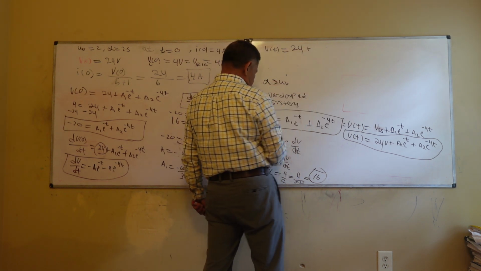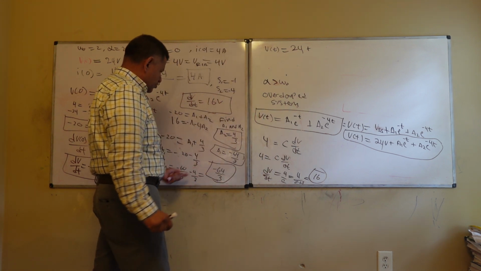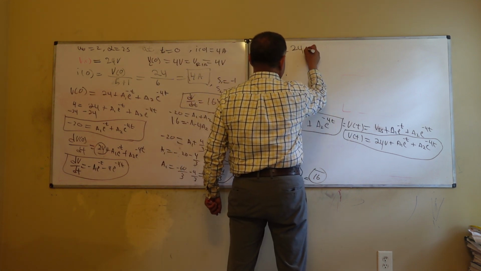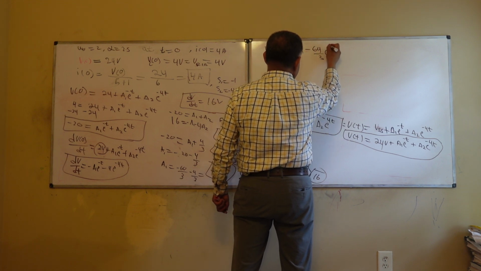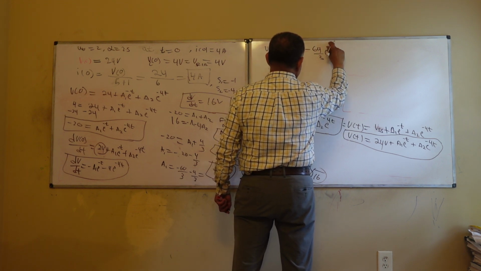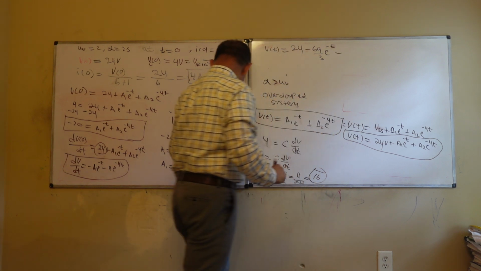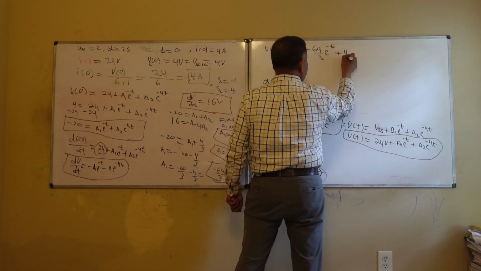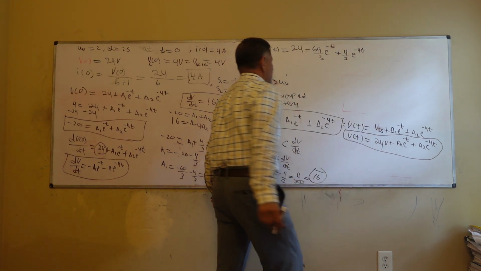And then plus this, but remember that A1 is negative, so it's going to be negative 64/3 e to the t. I'm sorry, just e to the t in this case. And then plus 4/3 e to the 4t.